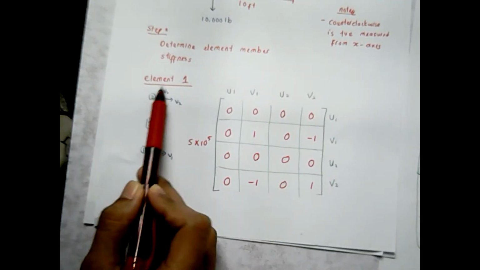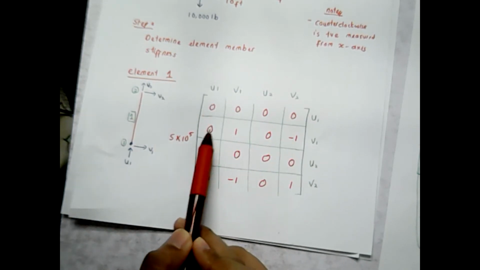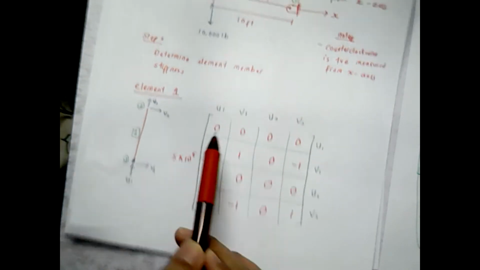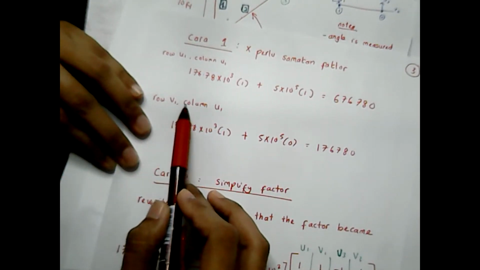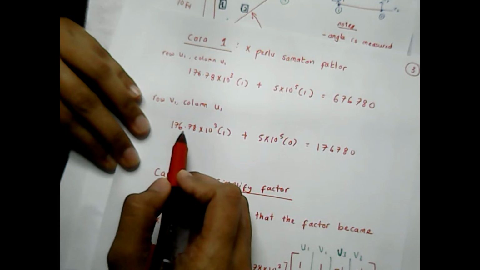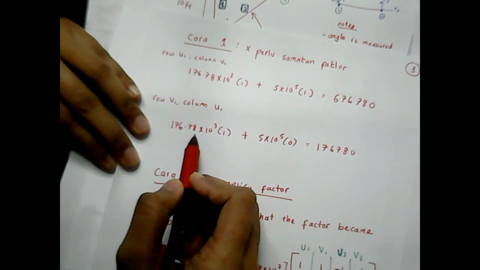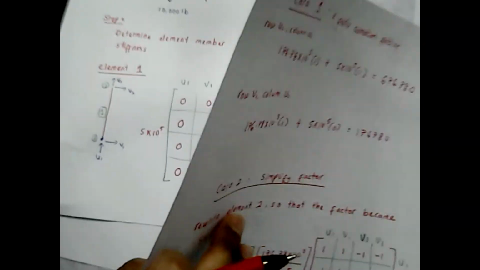So first look at your first element member, element number 1, u1, v1, 0. Okay, so meaning that for element here, column row 1 u1, 176.78 times 10 to the power of 3 times 1.